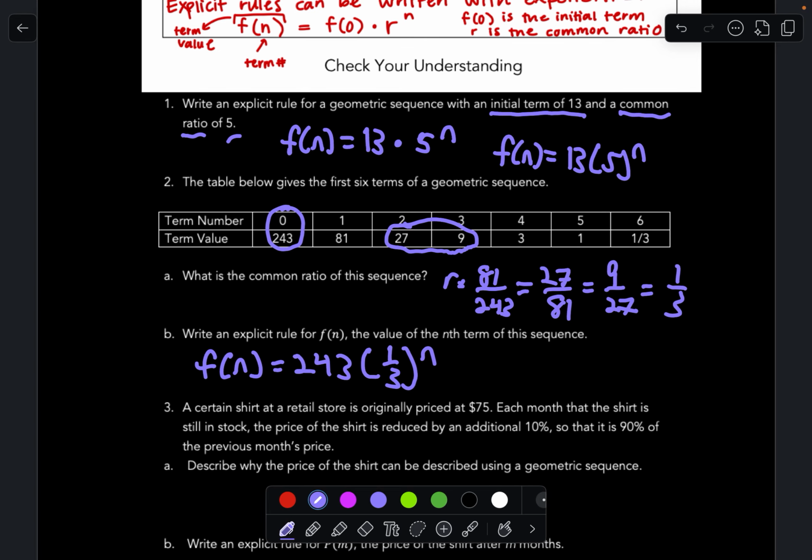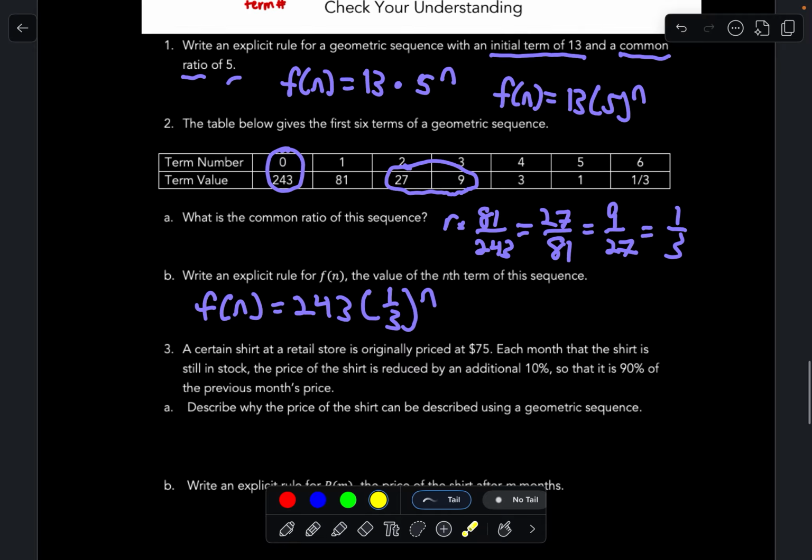You could put n equals 0 into this. 1/3 to the 0 is 1, because any number to the 0 power is 1, times 243 is 243. If n is 1, then it would be 243 times 1/3, or 243 divided by 3, which indeed is 81. So it works. Okay, and that's how you do the second question.